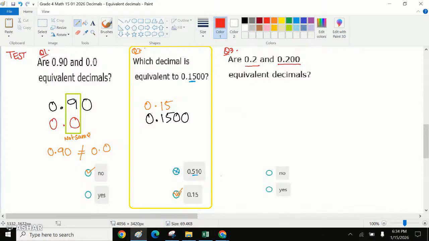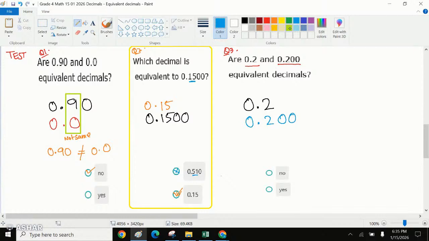Yes. Thank you, Rowan. We needed 15. We did not need a 51. So what is the easiest way to see if they are the same? Yes. Thank you, Nate. The easiest way is we write down the first number and we write down the second number.